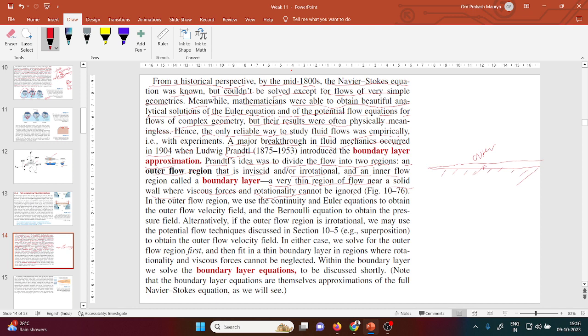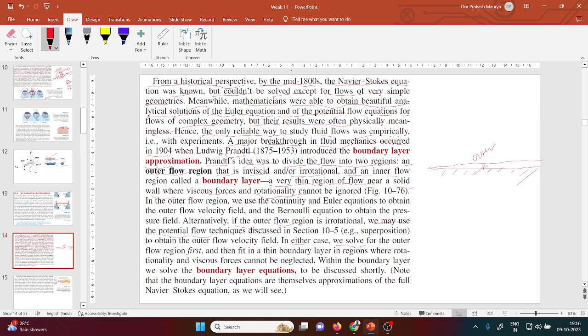Now in the outer flow region, we use the continuity and Euler equation to obtain the outer flow velocity field and the Bernoulli equation to obtain the pressure field. Alternatively, if the outer flow region is irrotational, we may use the potential flow technique we have discussed previously and obtain the outer flow velocity field.